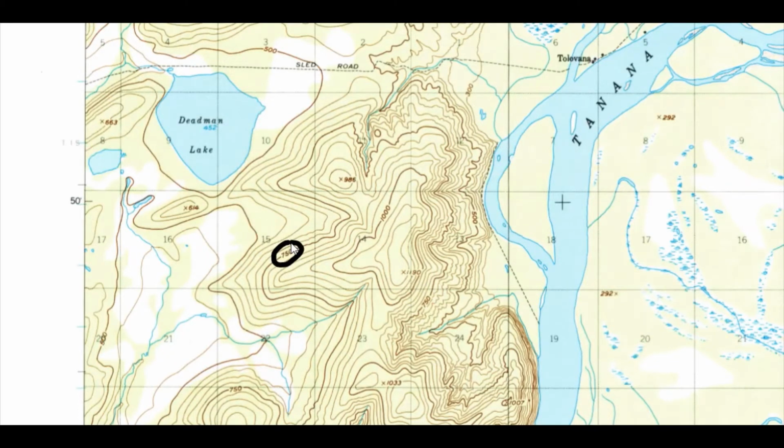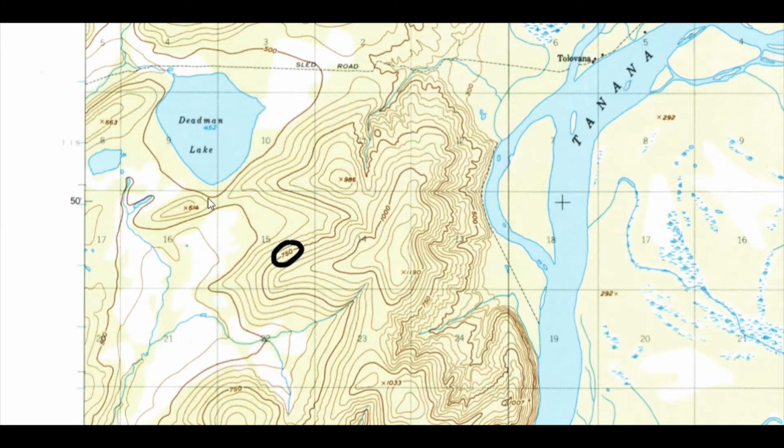Actually, let me back up. Each one of these lines here is called a contour line, all right? And they connect places with the same elevation. All right, so any land that lays on this 750 line is at 750 feet above sea level, and all along this line.